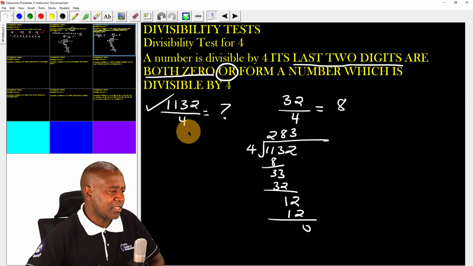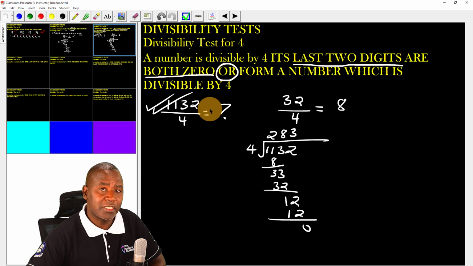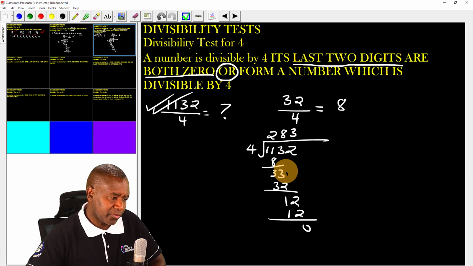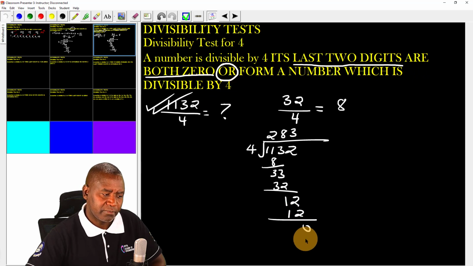And I can see that 1132 is divisible by 4 exactly, without a remainder. So 4 is a factor of 1132. Instead of running through this long division method, all you need to do is look at the last 2 digits. Do they form a number which is divisible by 4? If they do, then that number is divisible by 4.